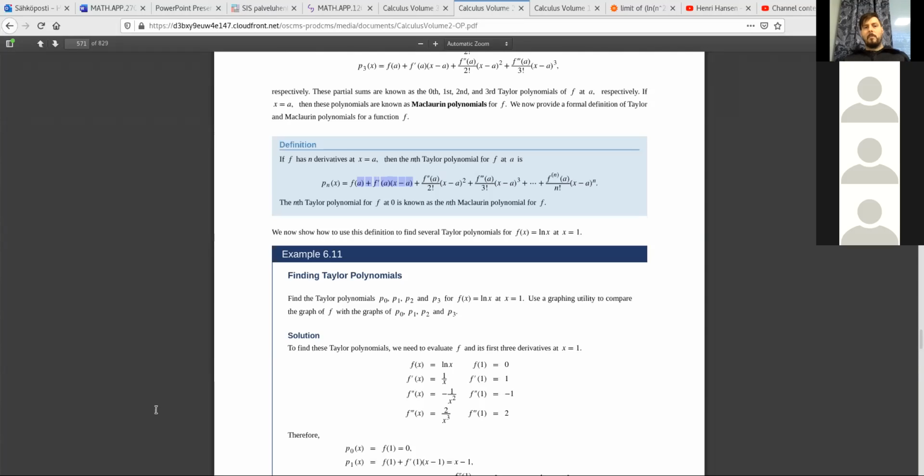When you are moving from a to x, that's basically f at a plus h, where a plus h is x, so h is in fact x minus a. And then that's just your first order approximation.